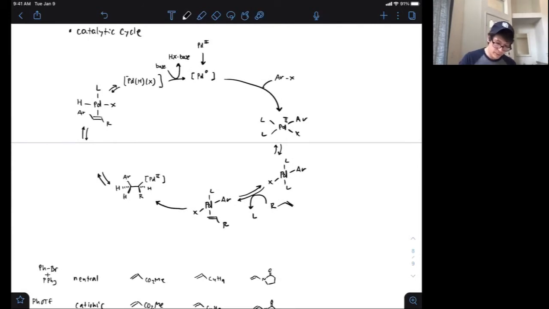Okay, now we have 1,2 migratory insertion. As we saw, we have this bond rotation step that Jun Chen nicely spelled out for us.